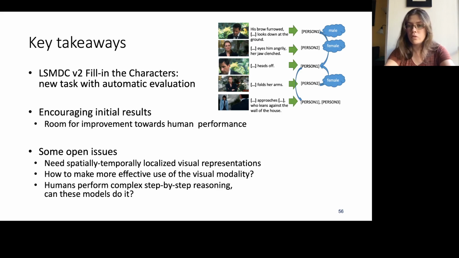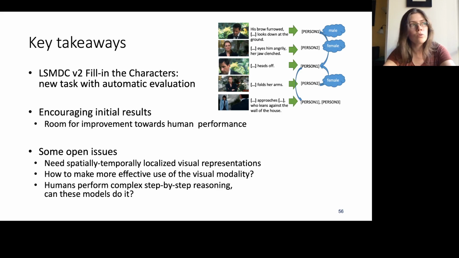So I believe some of the open issues, which basically offer room for creativity here, is how do we incorporate more spatially and temporally localized, grounded visual representations that would overcome some of the challenges where the ambiguity is to see which character the description is actually referring to, as there are multiple people in the scene.